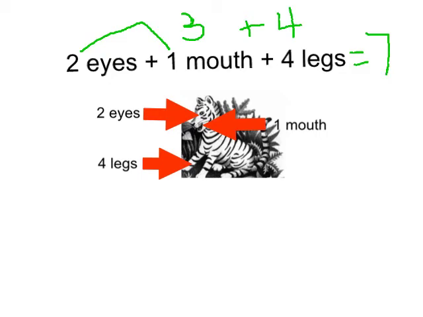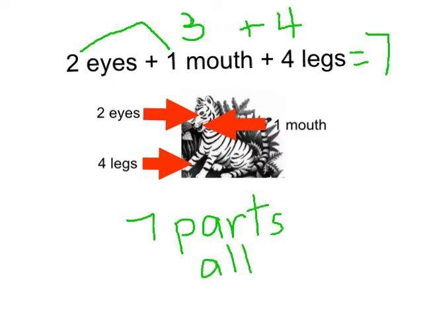So, that means that the tiger has 7 parts all together.